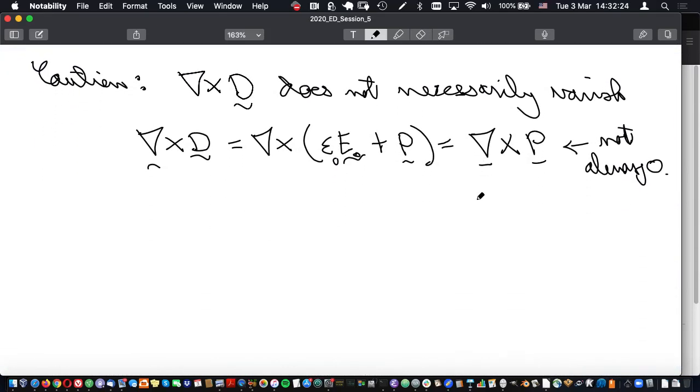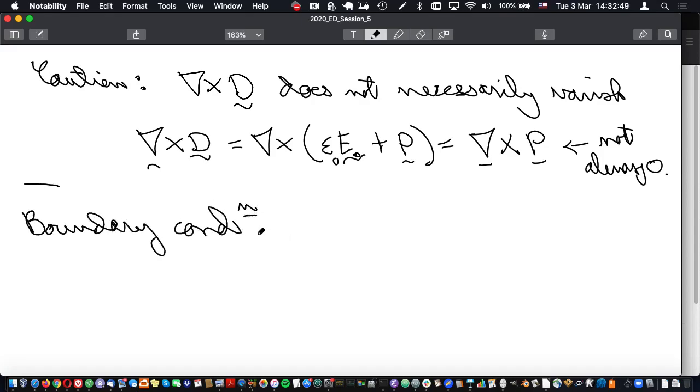Now maybe a couple of other notes. Just a little note on boundary conditions. Again, I'll let you look at the notes for that.